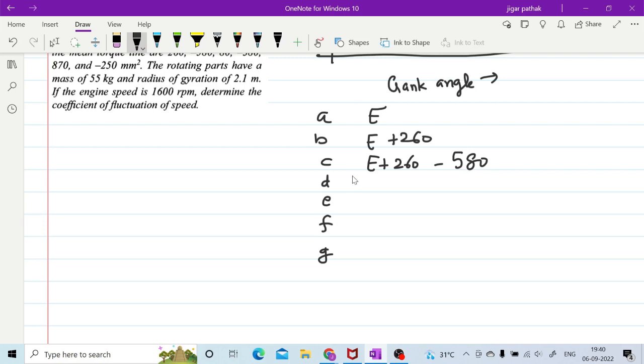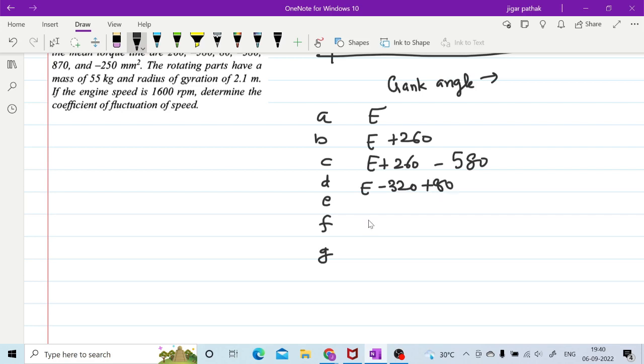So E plus 260 minus 580. So this way if you keep on going, if you simplify plus 260 minus this 580, then it is minus 320. So at point D it is E minus 320 plus 80.